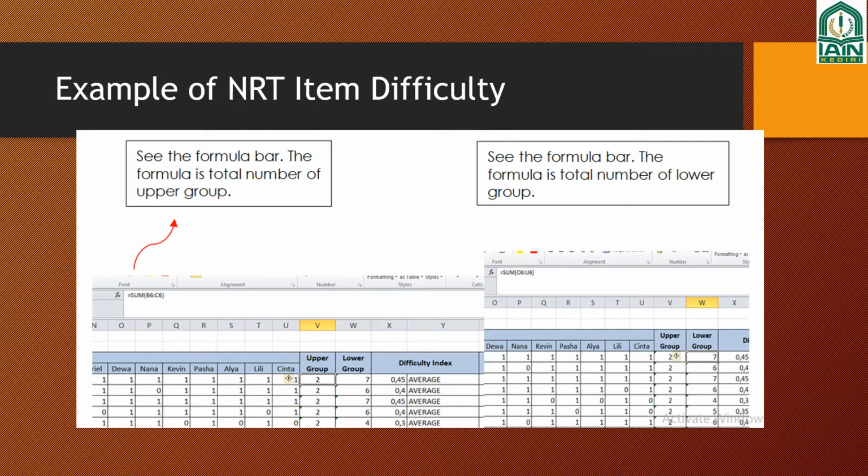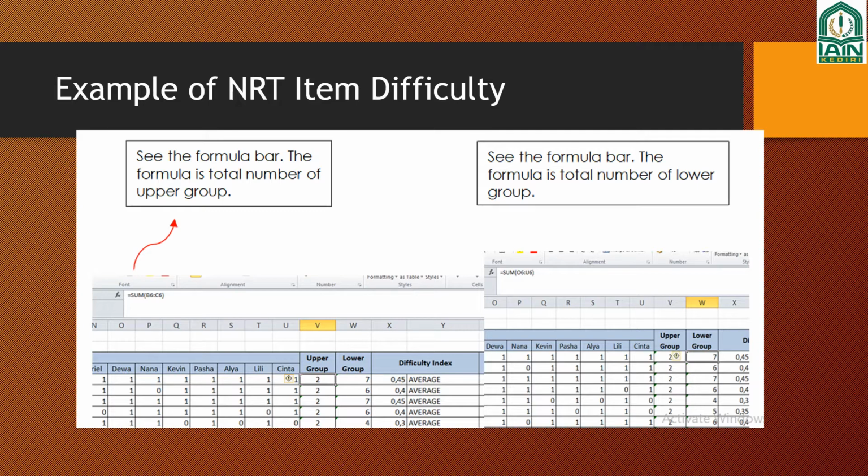Alright, okay, perfect. This is the time to discuss the example of an NRT item difficulty. You can see the formula bar. There are 2 samples. How we calculate the upper group and the lower group. The left picture is for the upper group and the right picture is for the lower group.